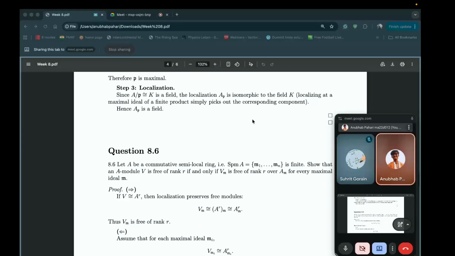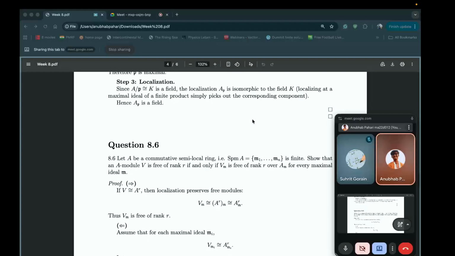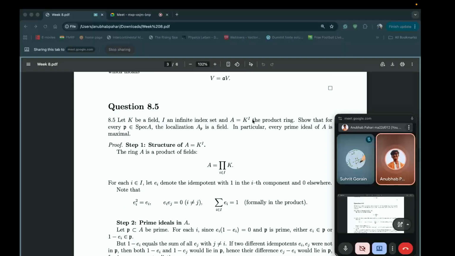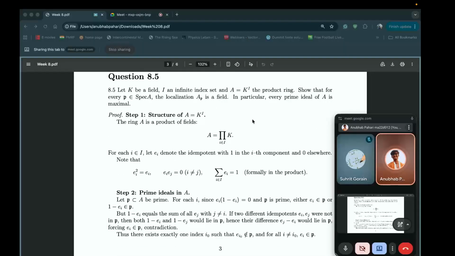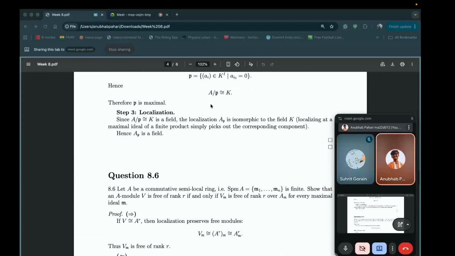Hence Ap is a field. So therefore we have shown that every prime ideal is maximal, and also the localization Ap is a field.